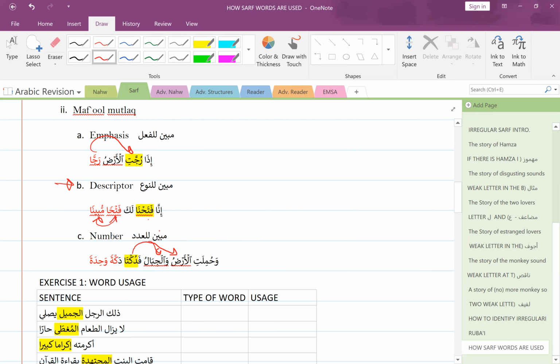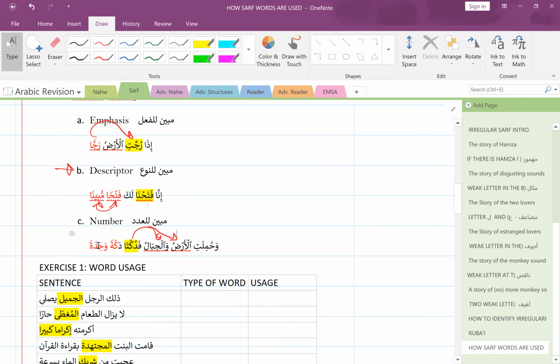Both of them shook. How many times? One time. So sometimes the masdar can come back with a description of number, how many times it happened. That would be maf'ul mutlaq. When the masdar comes back, that's a maf'ul mutlaq.